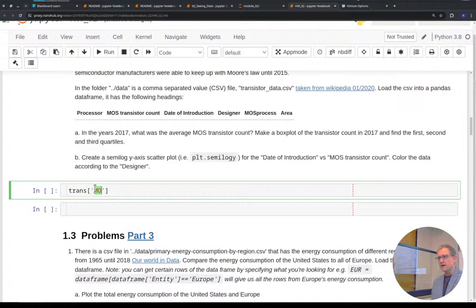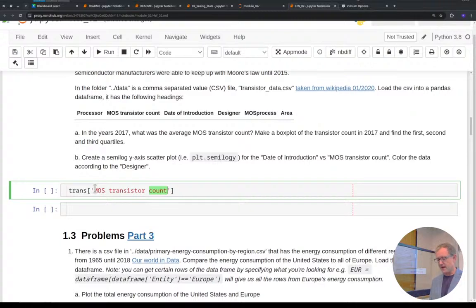If you're trying to grab a specific column of data, here if I want that transistor count or date of introduction, you can start typing it. If you know at least the first two letters, you can hit tab and it shows you what the options are. So, transistor count.